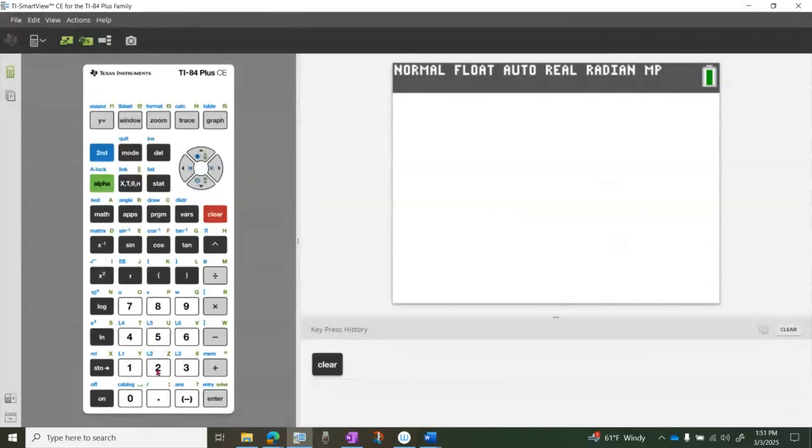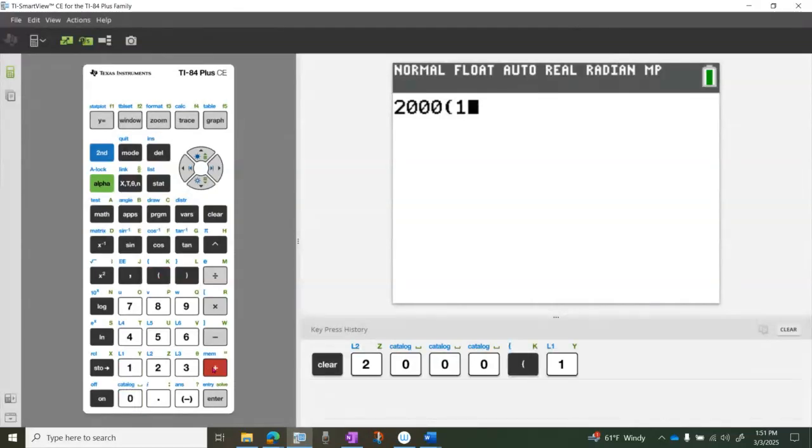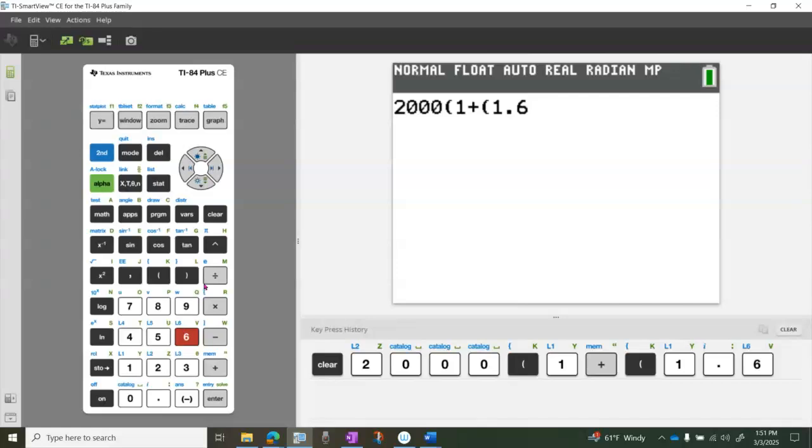I'm going to enter the original principal 2,000 and multiply by my compounding factor, 1 plus the annual interest rate of 1.6%. It's better to convert it on your scratch paper, but if you really want to use the calculator, you can do 1.6 divided by 100.